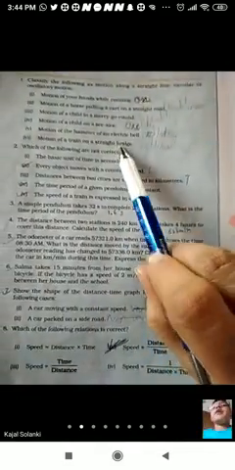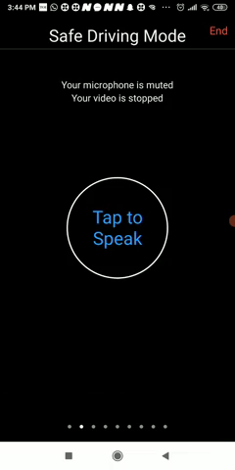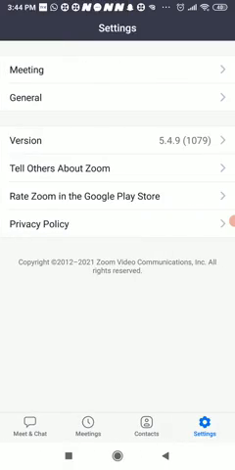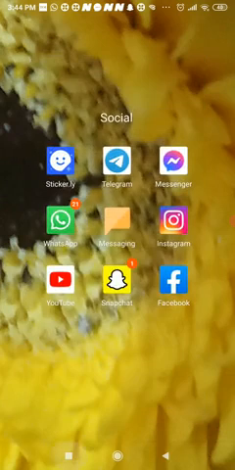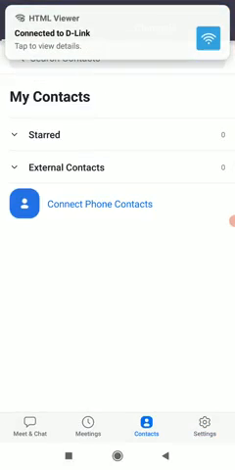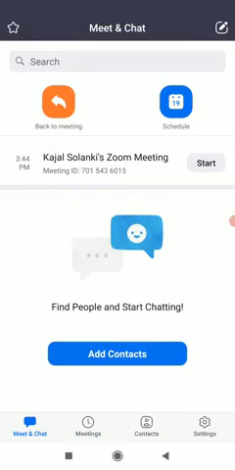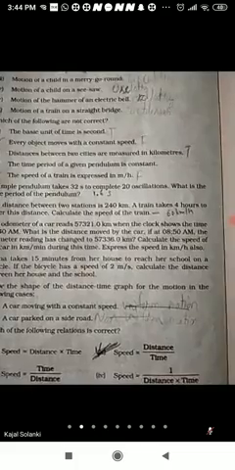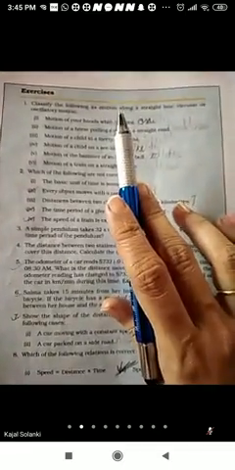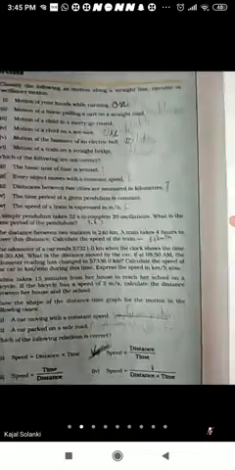So today your homework will be to complete this textual exercise on page number 156 and 157.